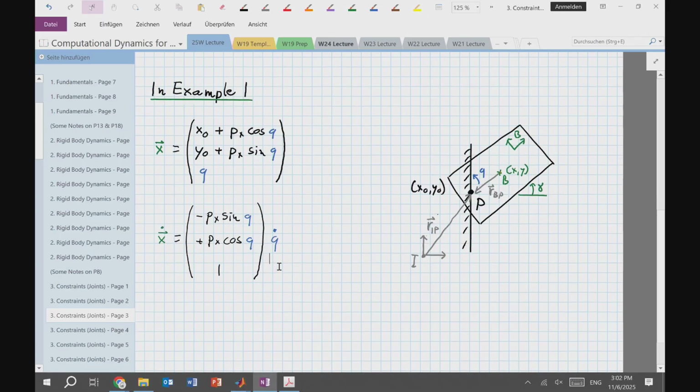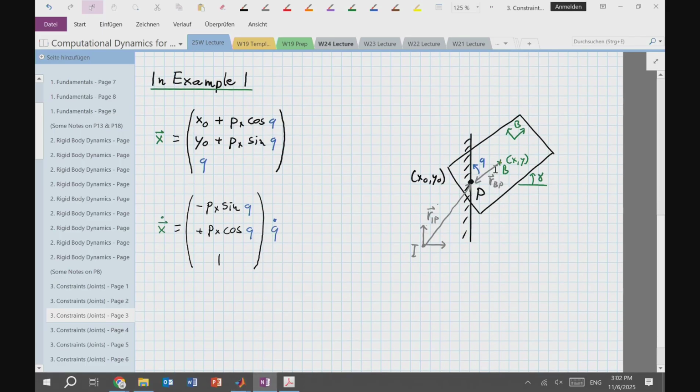And this is what we see here mathematically, right? By changing q dot, I can change the velocity, or the speed with which the door rotates, but I cannot change the direction in which x will move.